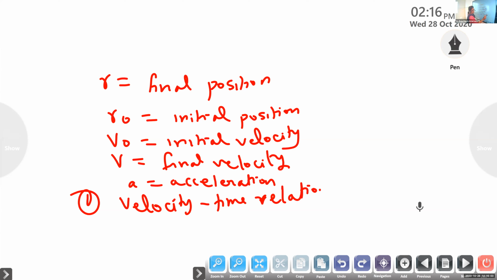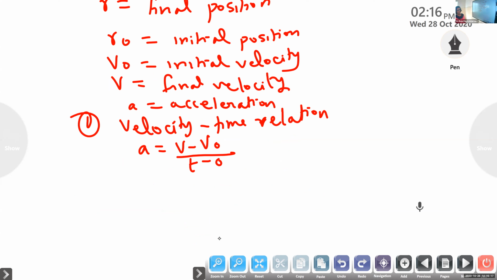So, by substituting all these values, we have acceleration is equal to V minus V0 by T minus 0. We can take the initial time as 0. So, that is equal to V minus V0 by T. Now, what is the next step?